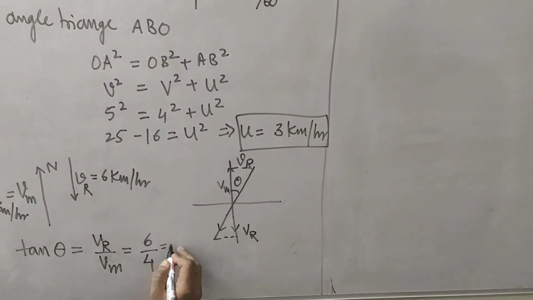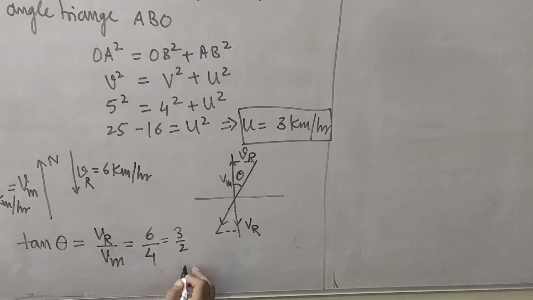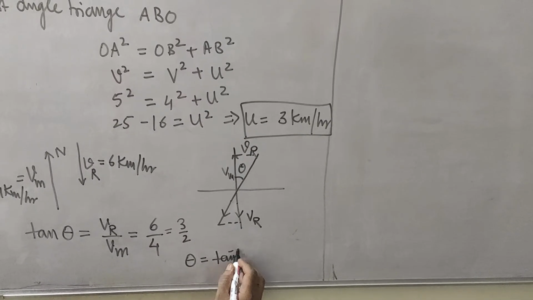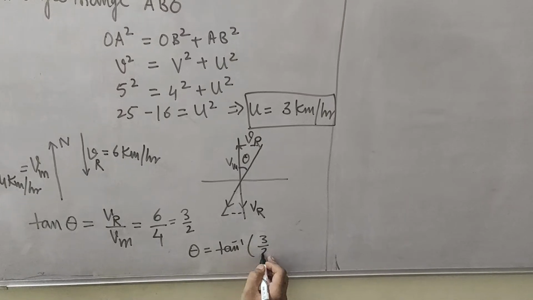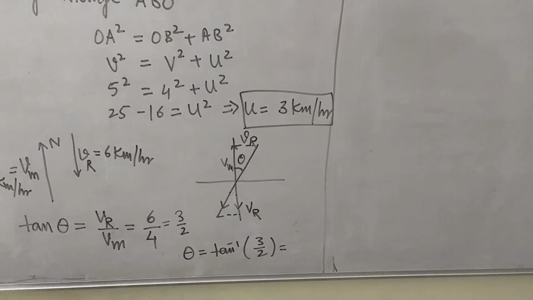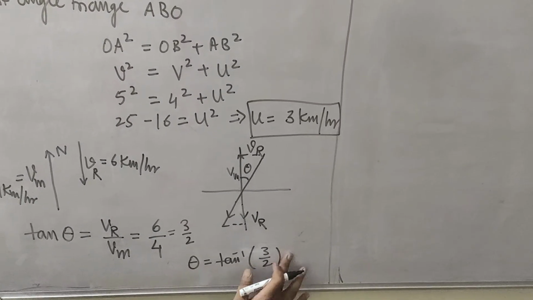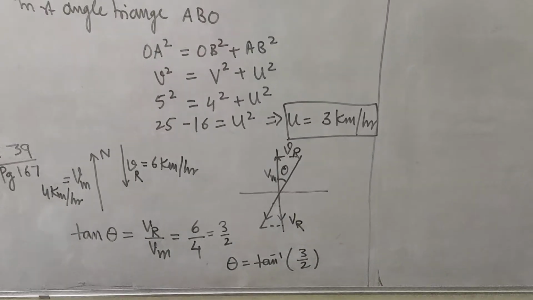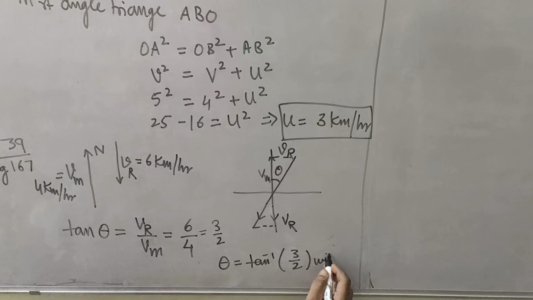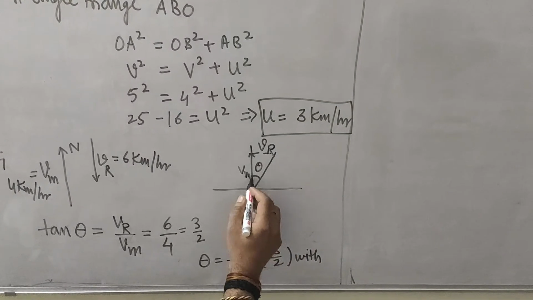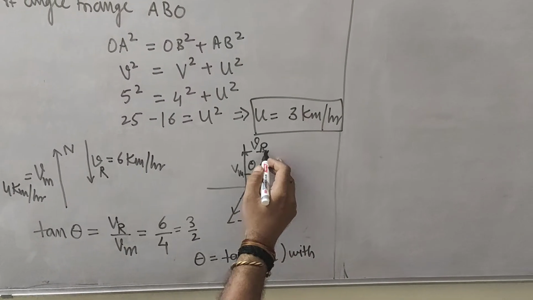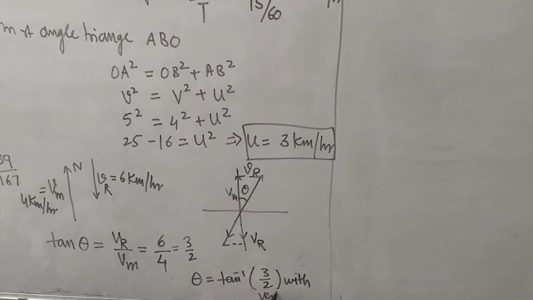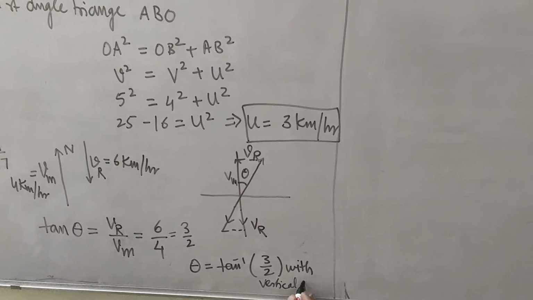So this is 3/2, and therefore theta is tan inverse 3/2. Theta is tan inverse 3/2 with, now here the angle is with the vertical, north.